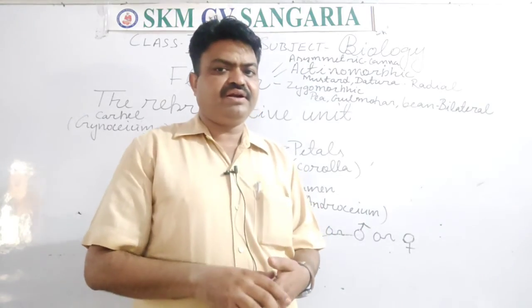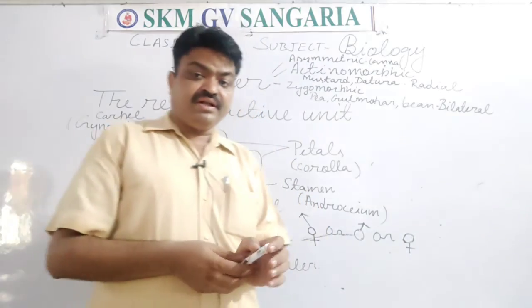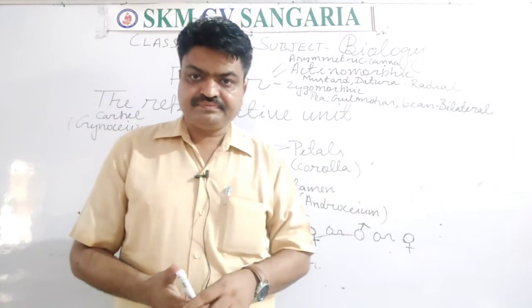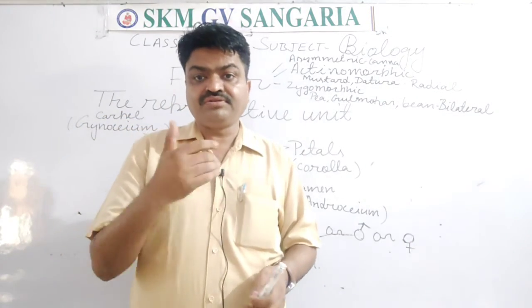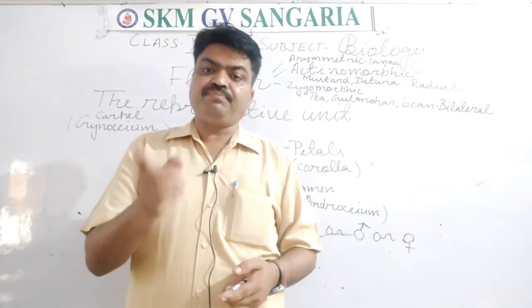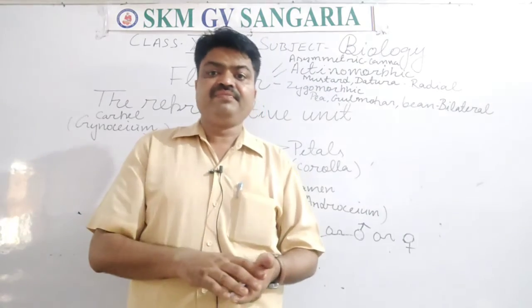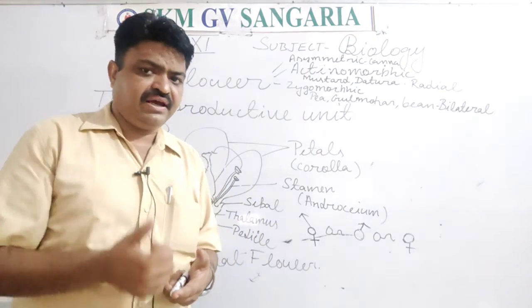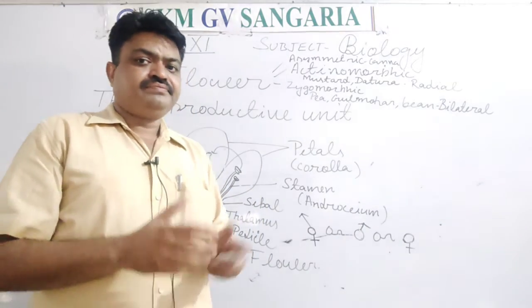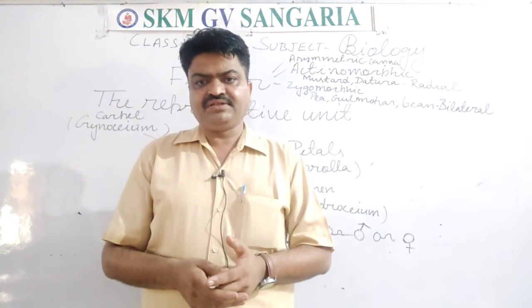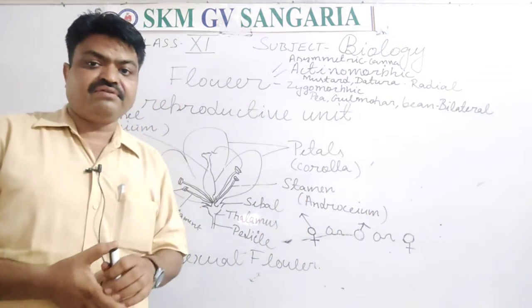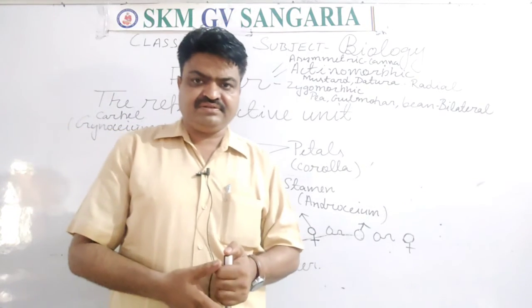With the help of chemotropism, pollen grains move towards the ovary, and the pollen grains are introduced to the ovum. And which type of fertilization? Generally flowers have double fertilization, student.